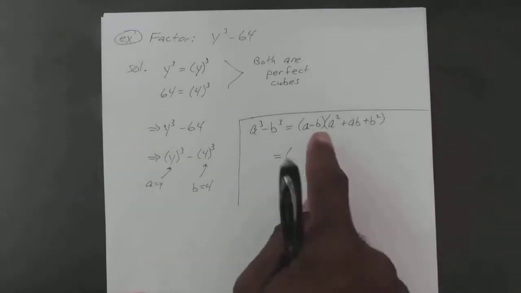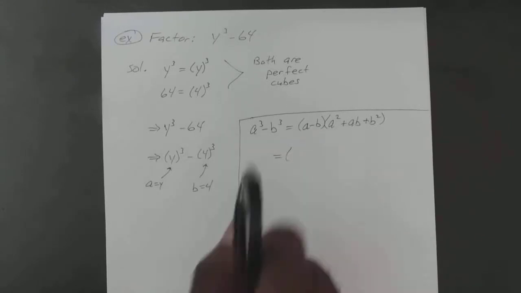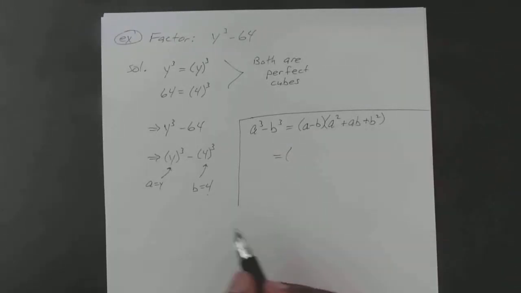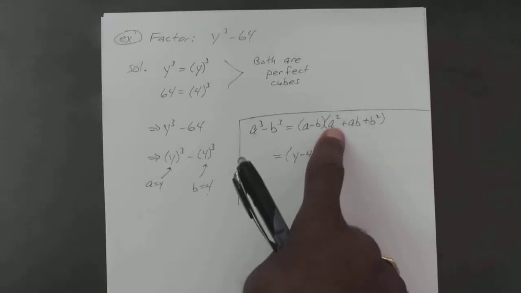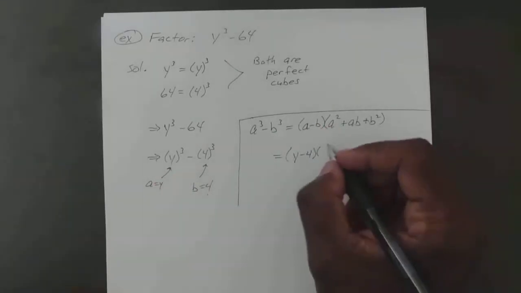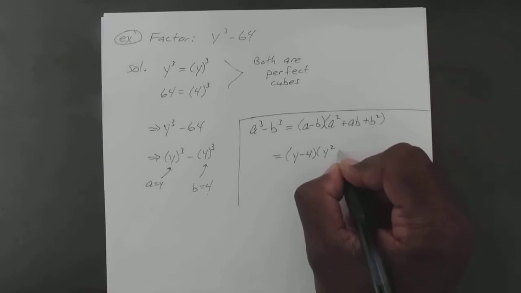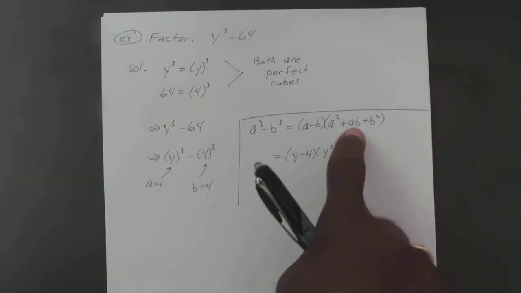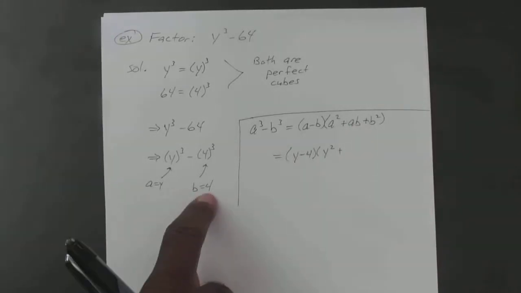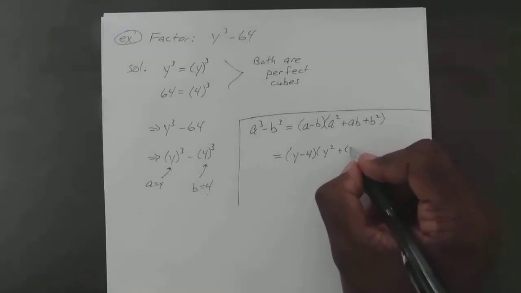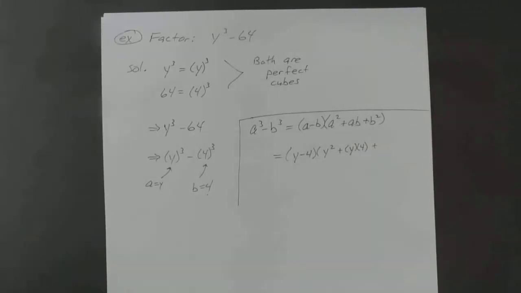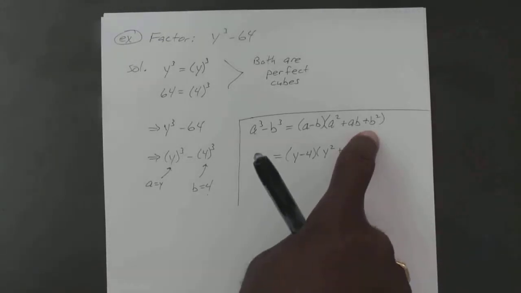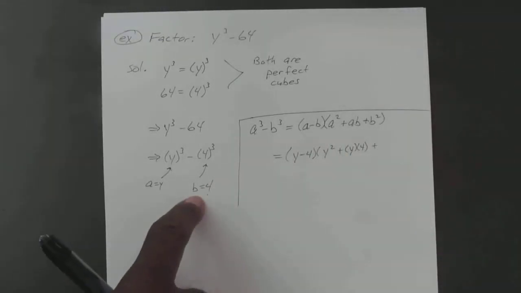Now we just plug it in. a minus b is just y minus 4. A squared is just y squared. Plus a times b is just y times 4. And you can make it 4y if you wanted to, but I just keep it in order. Plus b squared is plus 4 squared.